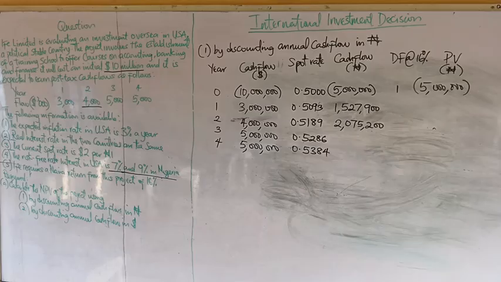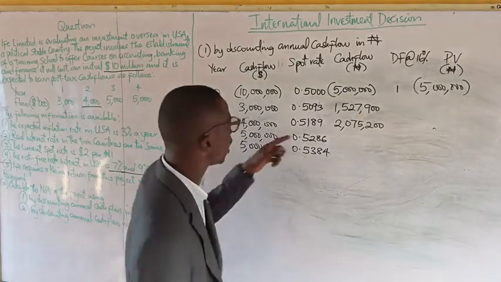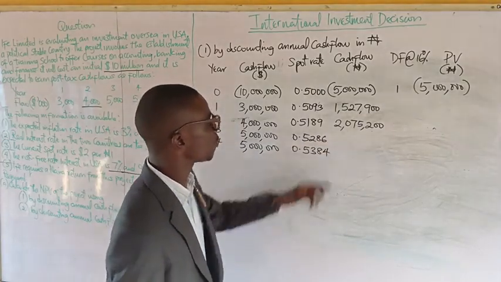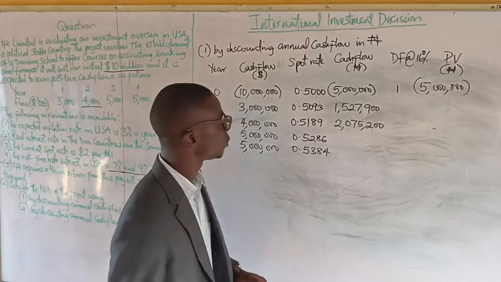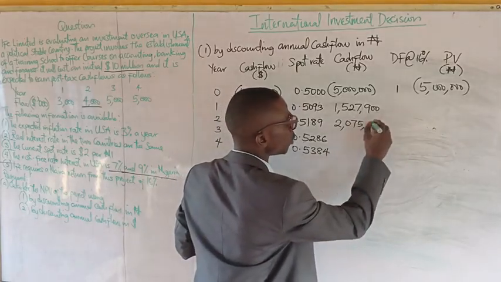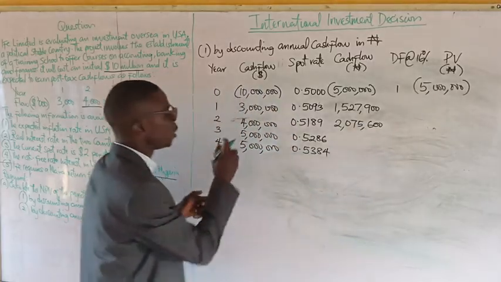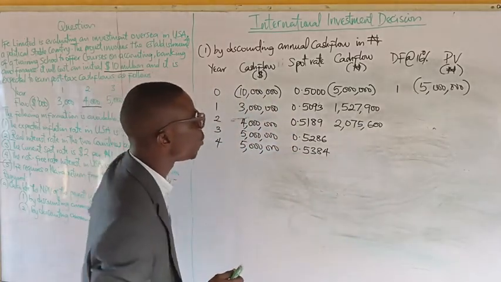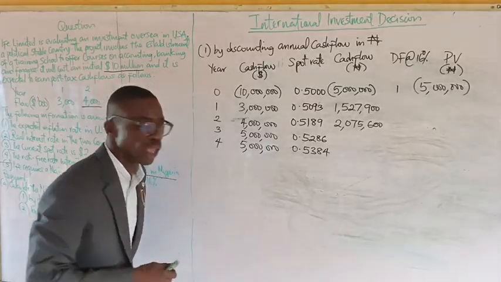It's because I don't have a calculator here. Let's be fast. What will this give us now after I have changed it? Then 5 million times 0.5286.